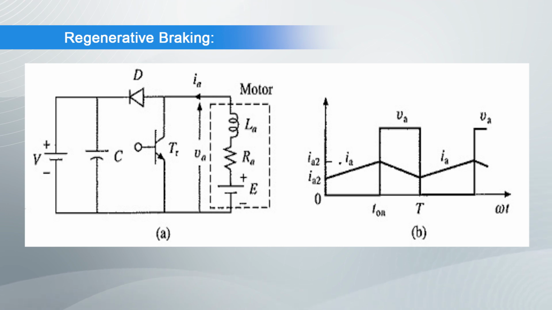Waveforms of motor terminal voltage VA and armature current IA for continuous conduction are shown in the figure. Usually an external inductance is added to increase the value of LA. When TR is on, IA increases from IA1 to IA2.